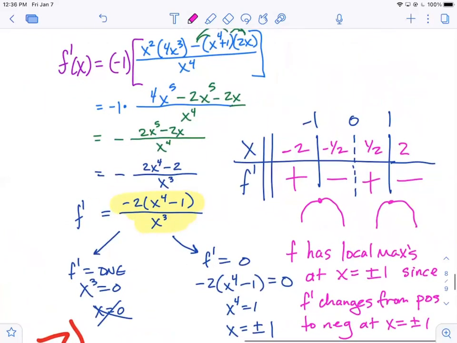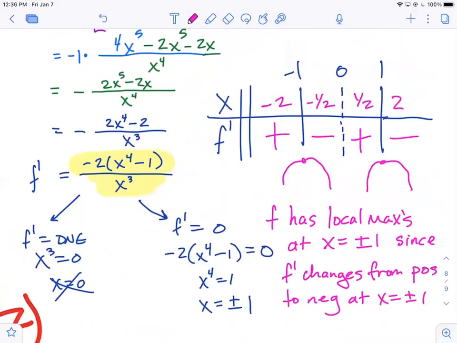Let's just talk about that because that's a lot of writing. F is increasing from -infinity up to -1, parentheses, right? The open interval, union, parentheses 0 to 1, parentheses. And if you had to justify, since F prime is greater than 0 on these intervals.